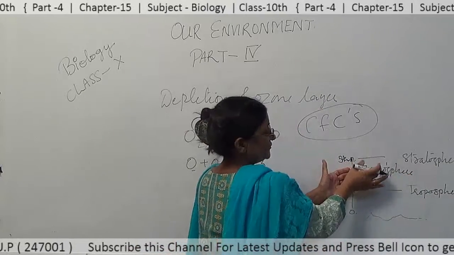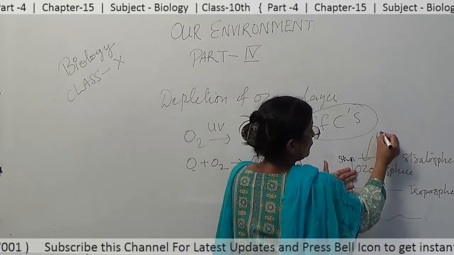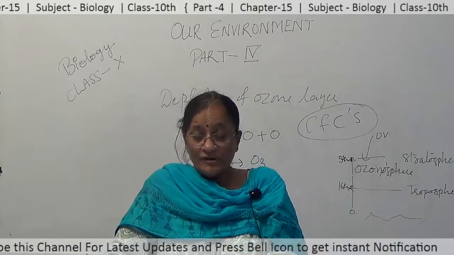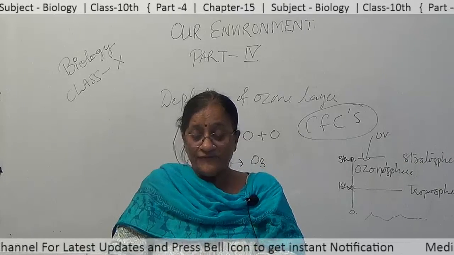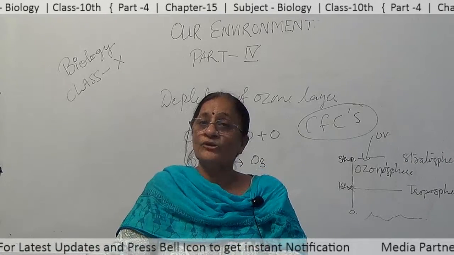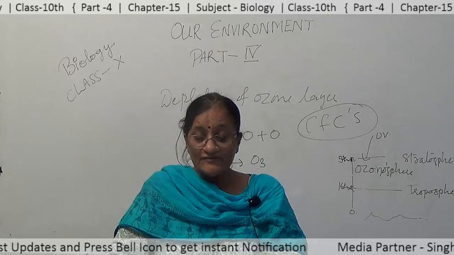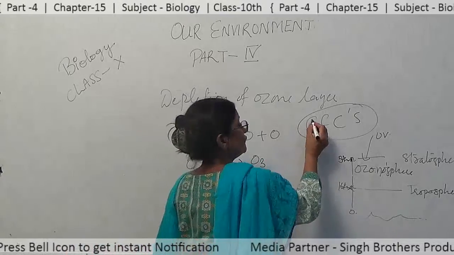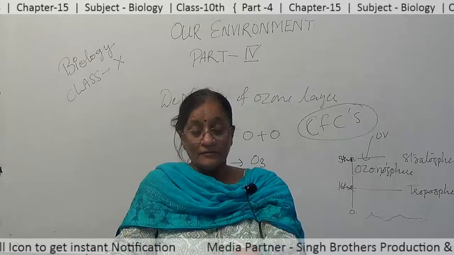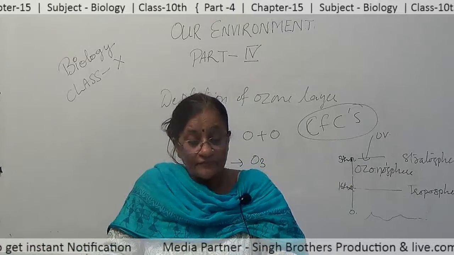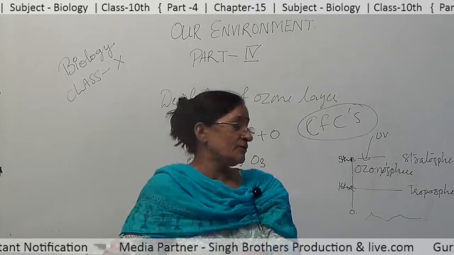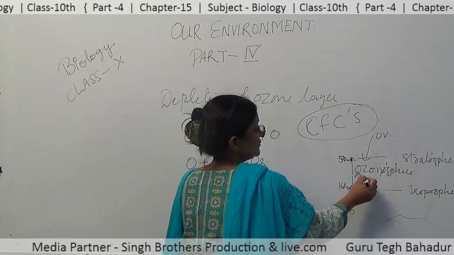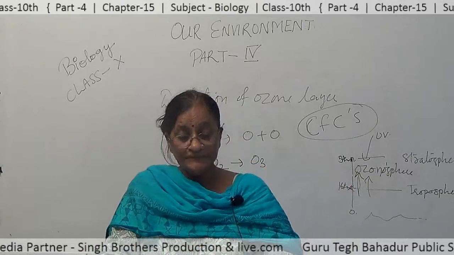This place protects us from the sun's ultraviolet radiation, but for example, if a single atom of chlorine is released from the CFCs floating in the upper atmosphere, what happens?